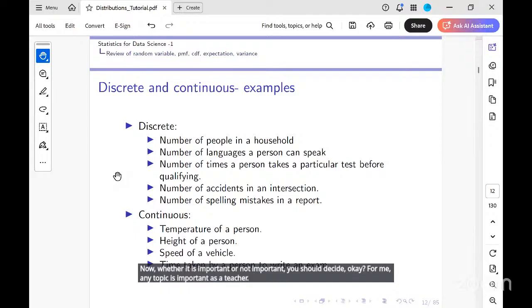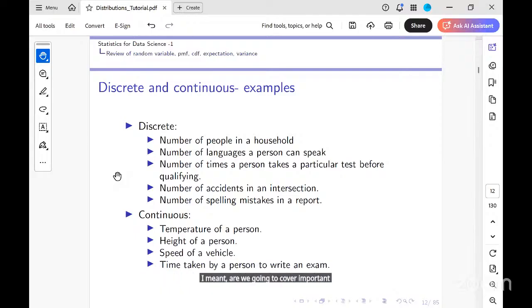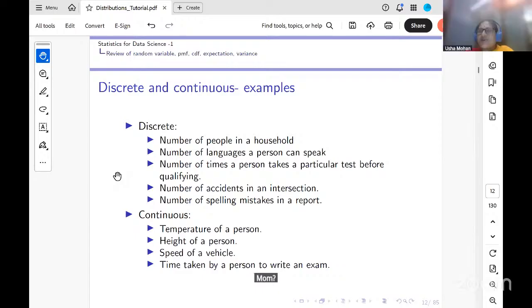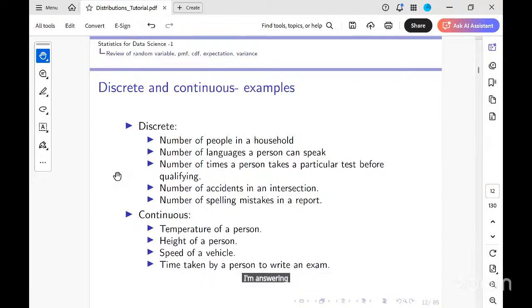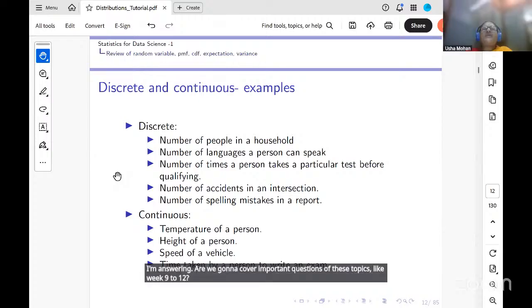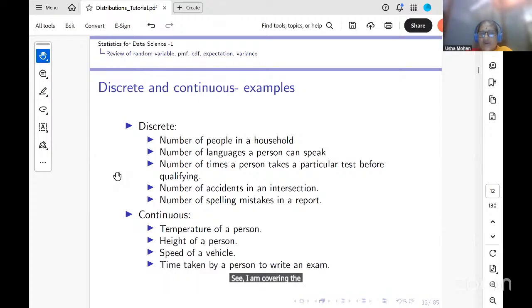I meant, are we going to cover important questions of these topics, like weeks 9 to 12? I am covering the concepts that have been taught in weeks 9 to 12, and I believe every concept is important, so I'm just going to focus on all the concepts.